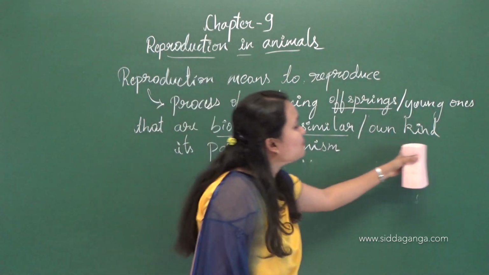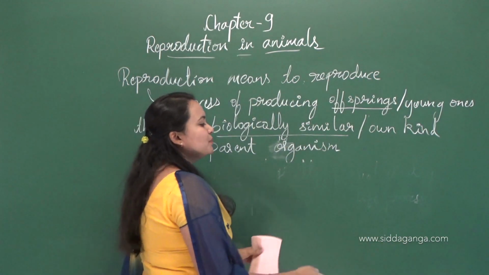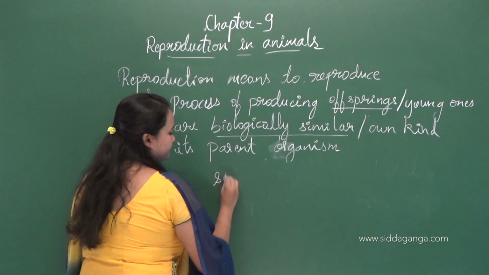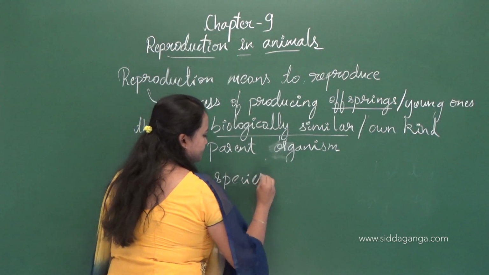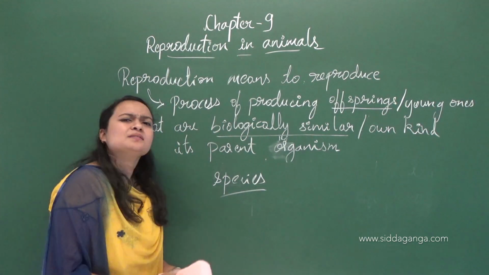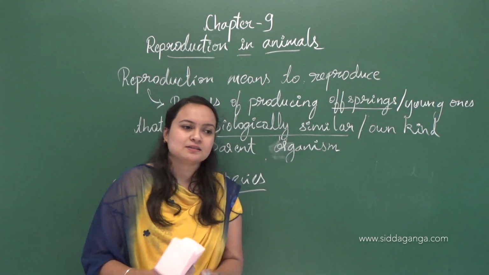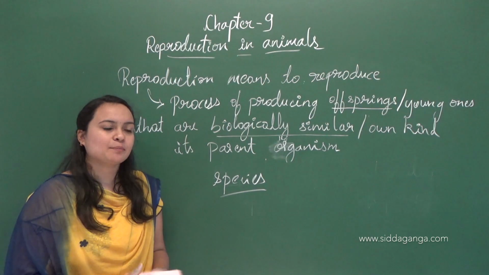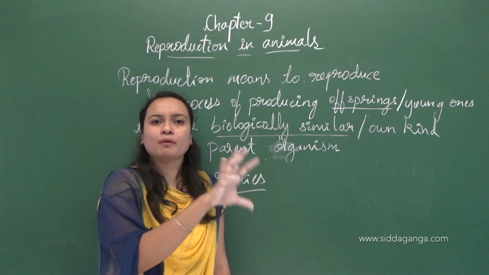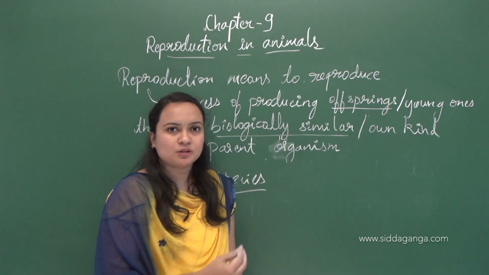And what is the meaning of this own kind? That is the species. I'll write the species here. What is the meaning of species? To explain this, let me give an example. Like there is a group of 10 individuals considered Homo sapiens, that is human beings.